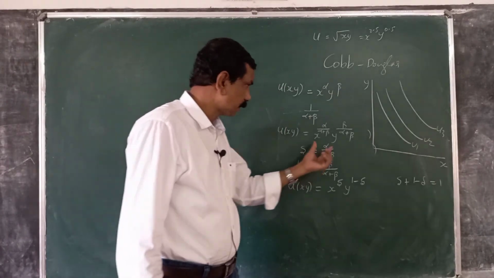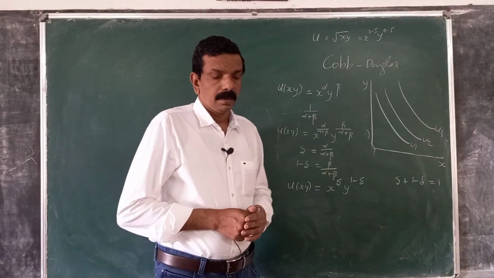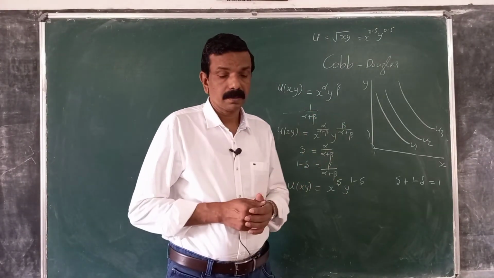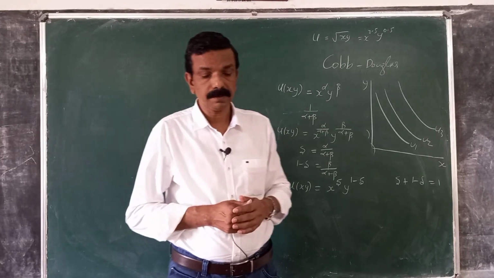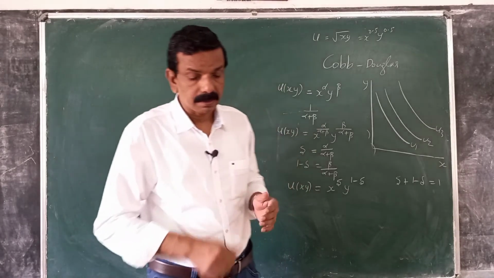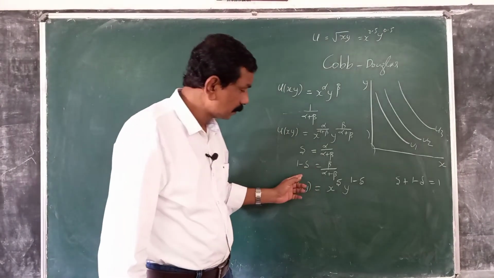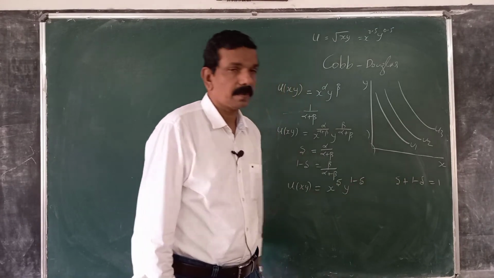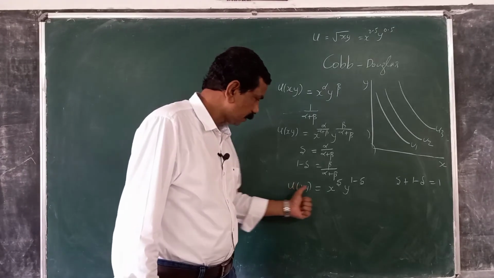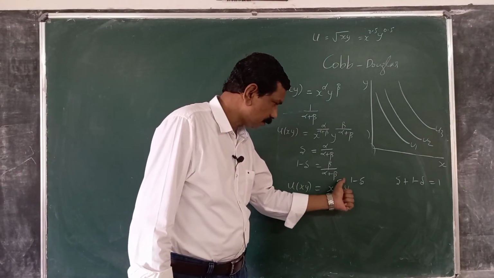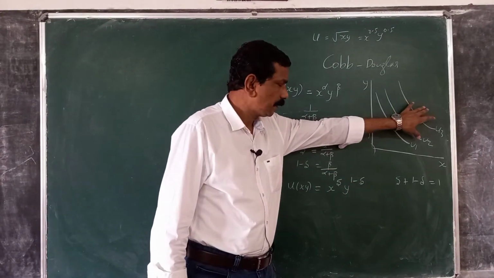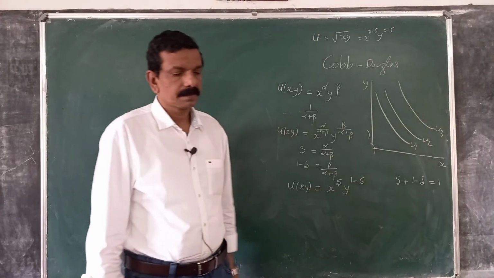It means that we can take a monotonic transformation of the Cobb Douglas utility function that makes the sum of the exponents equal to 1. This is another monotonic transformation, with u(x,y) equal to x raised to delta, y raised to 1 minus delta, and the indifference curve generated by this will also be this shaped.